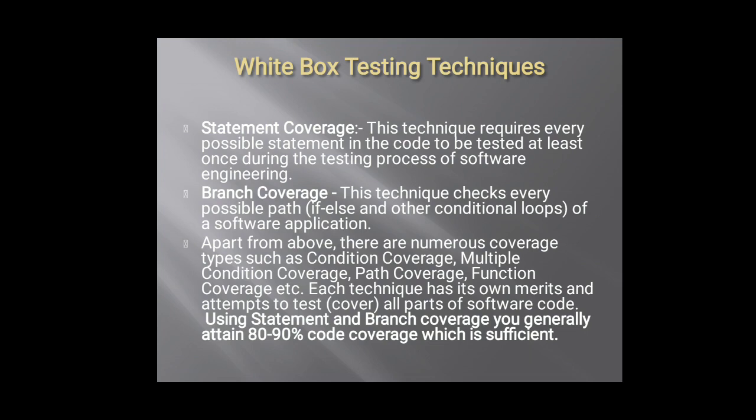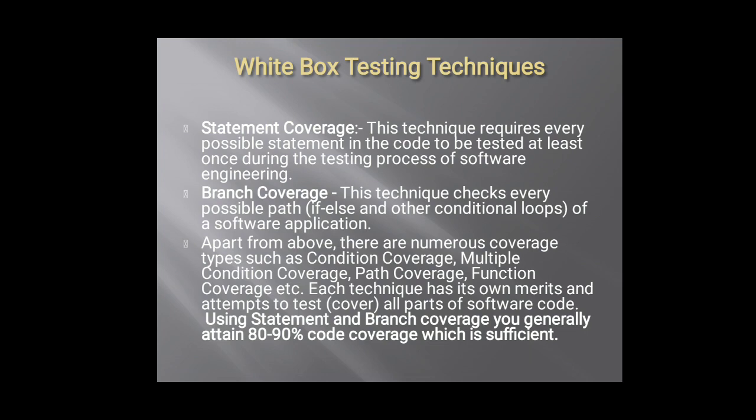Using statement coverage and branch coverage, you generally attain 80 to 90% code coverage of all parts of the software code, which is sufficient. So the two main ones are statement coverage and branch coverage. They cover the maximum amount of output which can be driven out or test cases which can be applied.